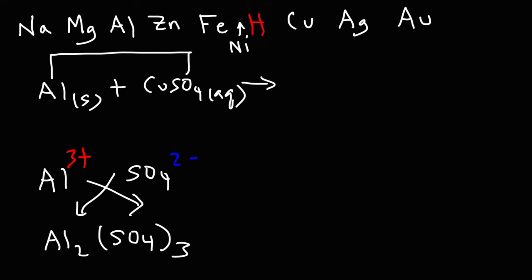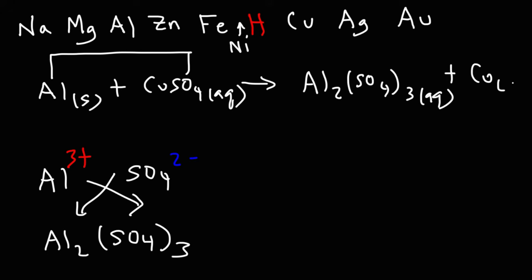The charges need to be equal but opposite in magnitude. That's why we need 2 aluminum ions and 3 sulfate ions, so that we can have a total charge of 6 plus and 6 minus, such that they will cancel each other out. So that's going to be the chemical formula of aluminum sulfate. And then copper will be displaced out of the solution, turning into copper metal.